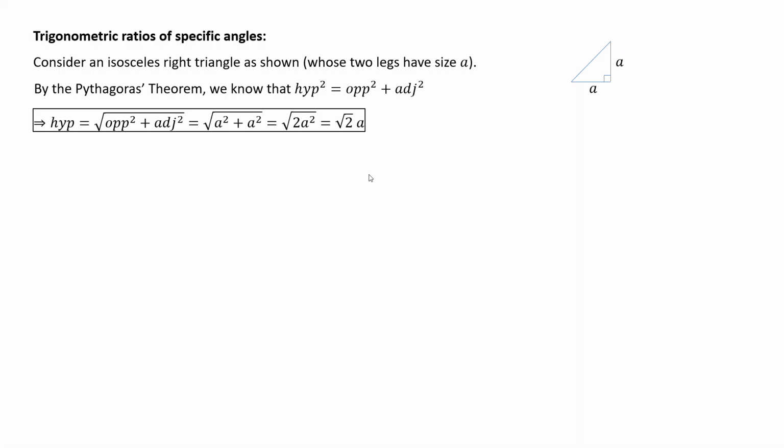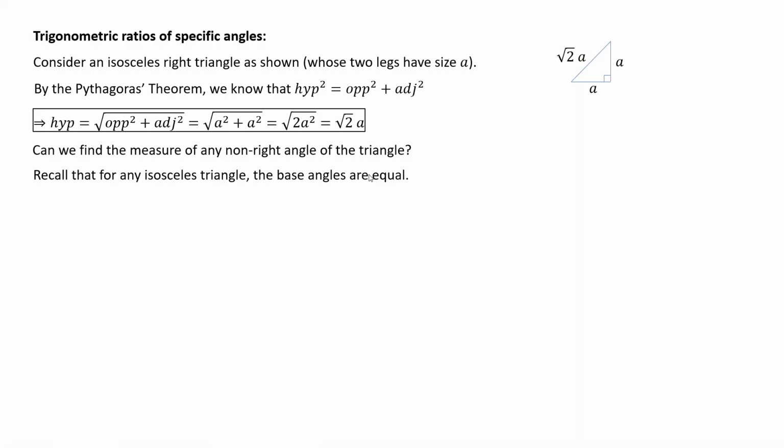Okay, where do we go from here? We know now the hypotenuse, just like in the last problem. There's some more work left for us. We got the sides, but we don't know anything about the angles. Of course, we know the right angle, but what about the other two angles?